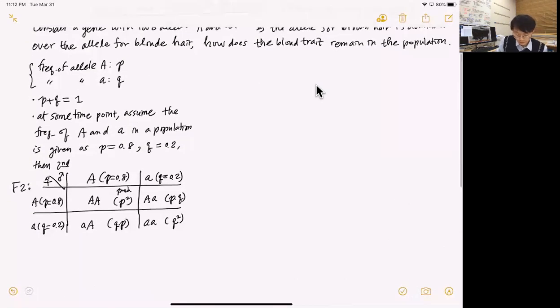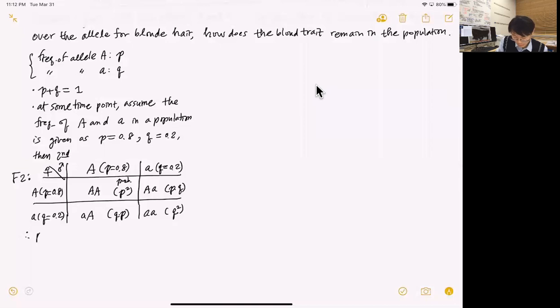So for the genotypes of the second generation, the probability of genotype capital AA will be P squared, which is 0.8 squared, or 0.64.